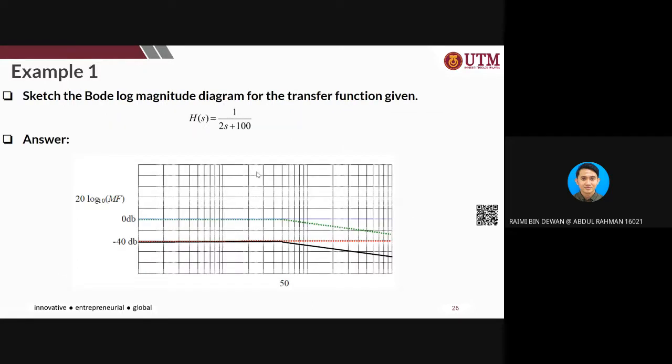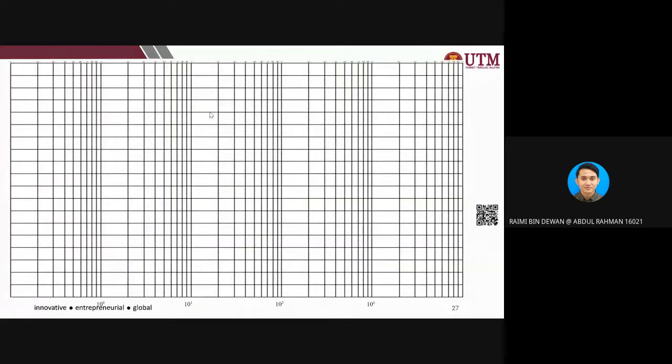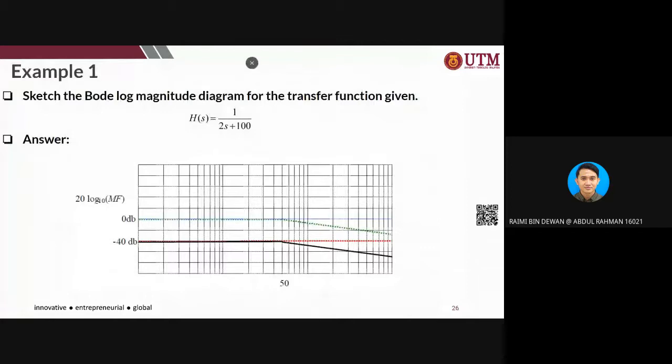Example: sketch the Bode log magnitude diagram for the transfer function given. Are they giving the steps to you? Let me try.